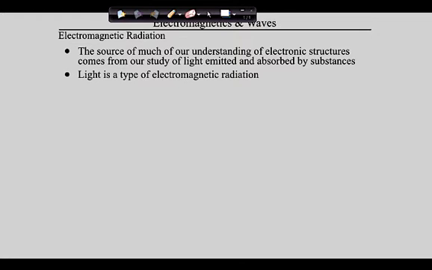So when we talk about light, we need to first appreciate that light is just one type of what we call electromagnetic radiation. Now guys, radiate, of course, means to transfer energy, but this energy is transferred through what we call electromagnetics. If you've taken physics, you know that there's a tight correlation between electricity and magnetism.